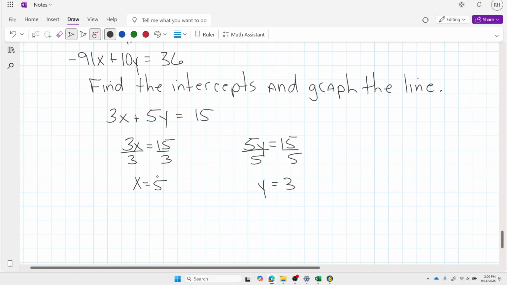What that means is that one of the intercepts is at 5, 0, because we made the y 0 up here, and that's what got us to 3x equals 15. And our other intercept is when we set the x equal to 0, and our y was equal to 3.